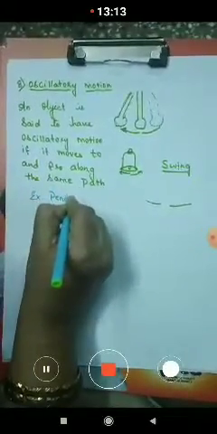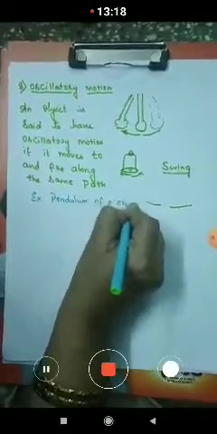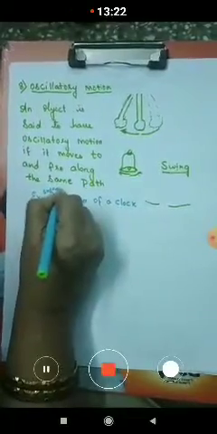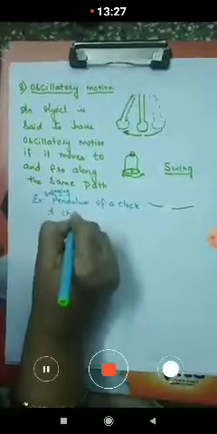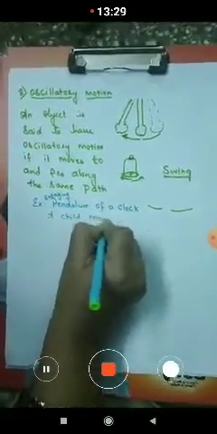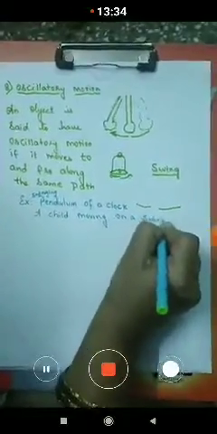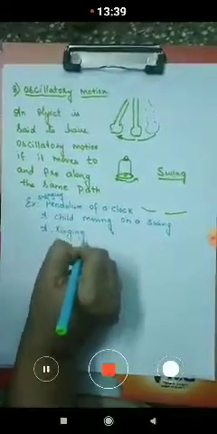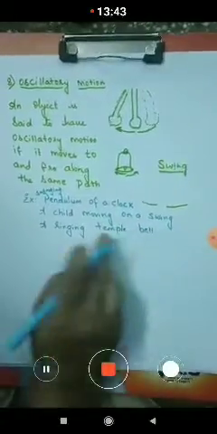Examples: pendulum of a clock, that is the swinging pendulum of a clock, a child moving on a swing, a ringing temple bell. So these are the three examples of oscillatory motion.